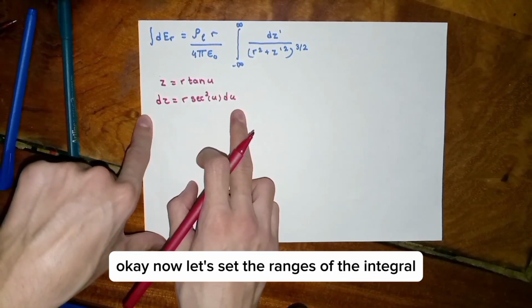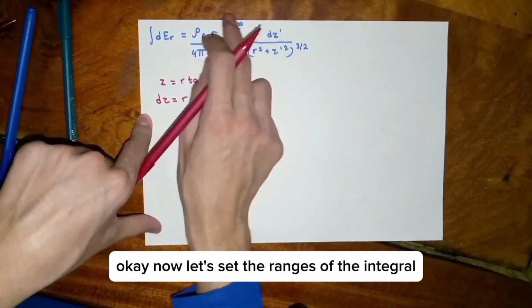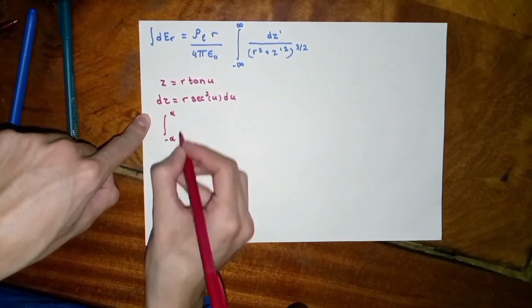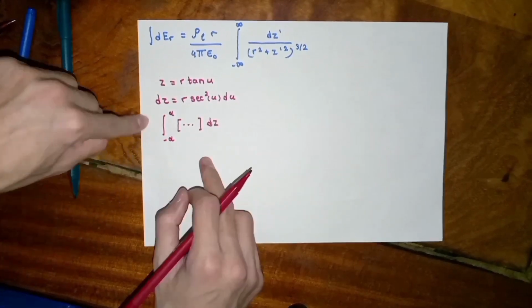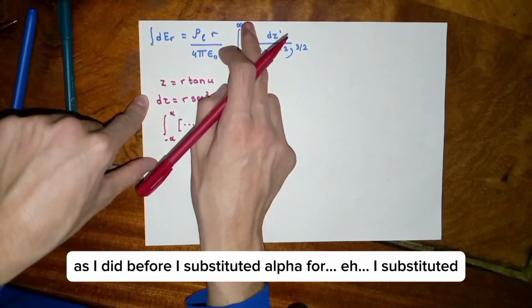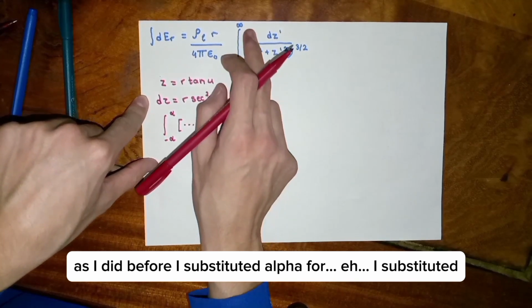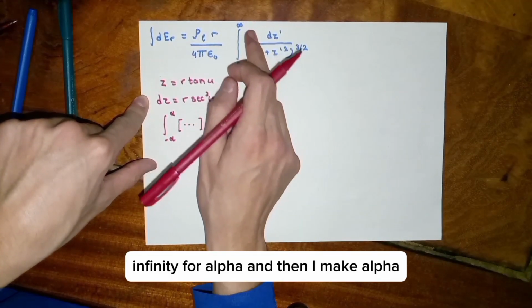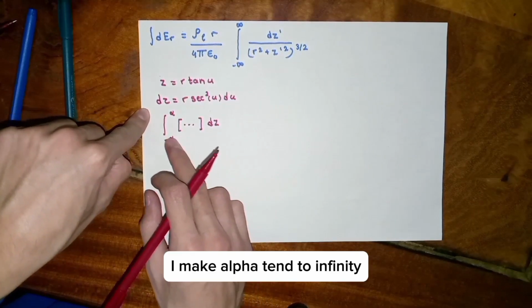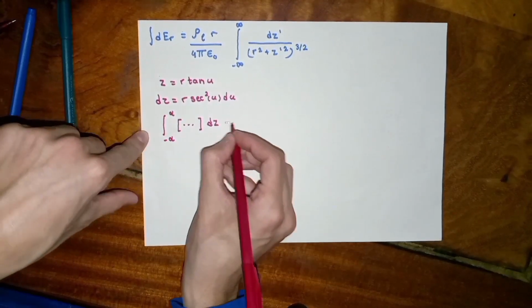Okay, now let's set the range of the integral. As I did before, I substituted infinity for alpha, and then I make alpha tend to infinity.